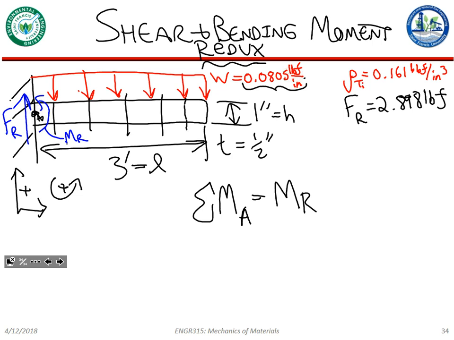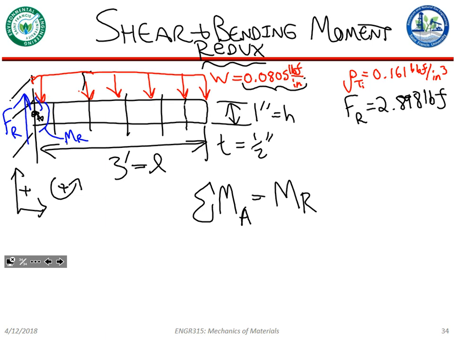Because it's uniformly distributed, I can assume that it's acting at a point halfway along its length, the halfway point of the distribution. If the distribution only went out to there, I'd have to find the halfway point for that, and so on. But it doesn't, so it makes our life easier.